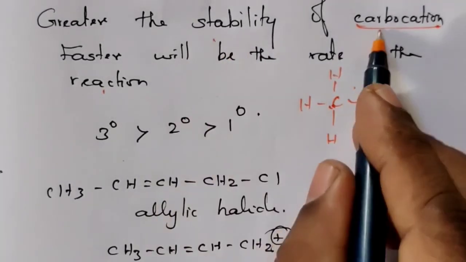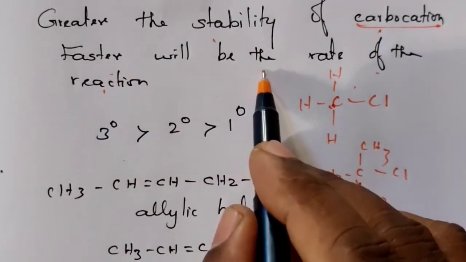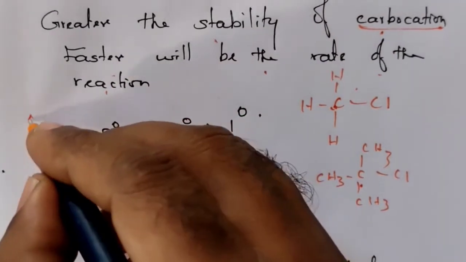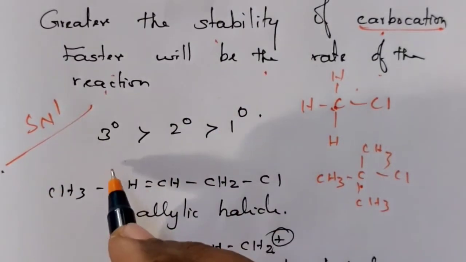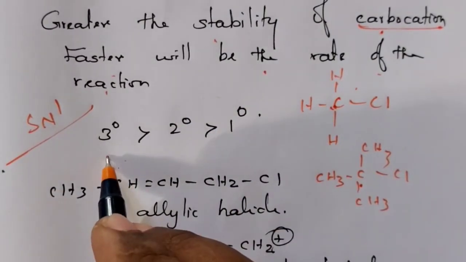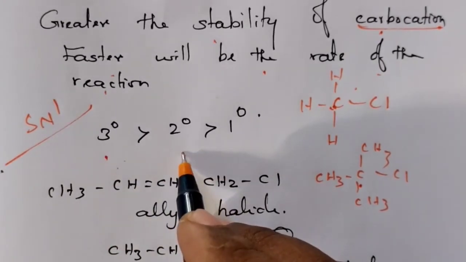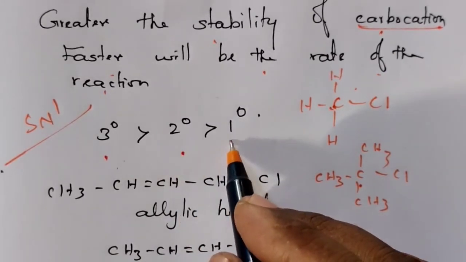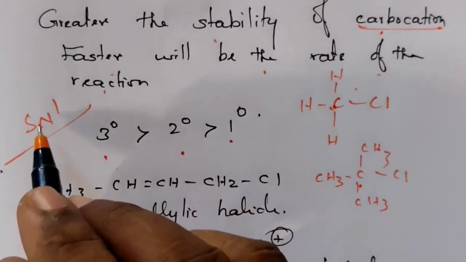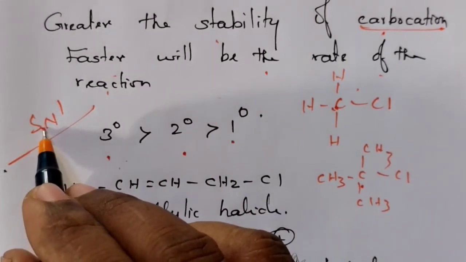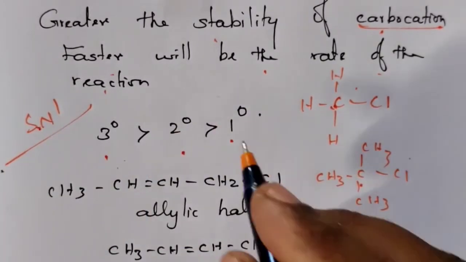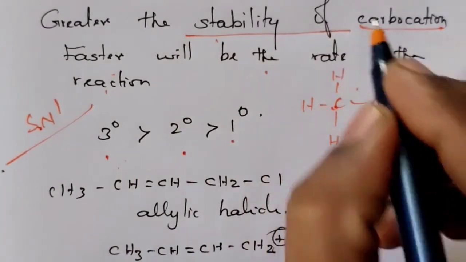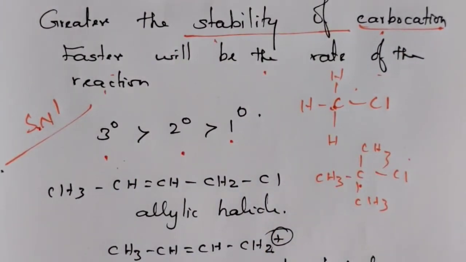The more stable the carbocation, the faster the rate of the reaction. Hence, in the SN1 mechanism, tertiary alkyl halides are more reactive than secondary alkyl halides, and secondary alkyl halides are more reactive than primary alkyl halides. So, in the SN1 mechanism, the rate of the reaction depends on the stability of the carbocation.